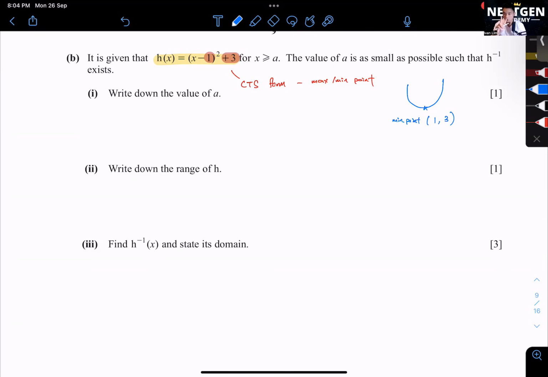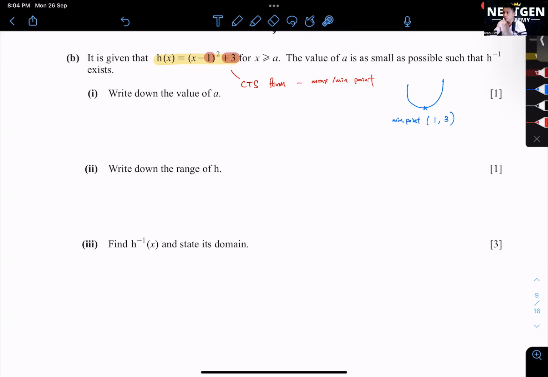Okay, this is going back to chapter 2. All right, they say x is more than or equals to a. So write down the value of a. A is what? A is what?